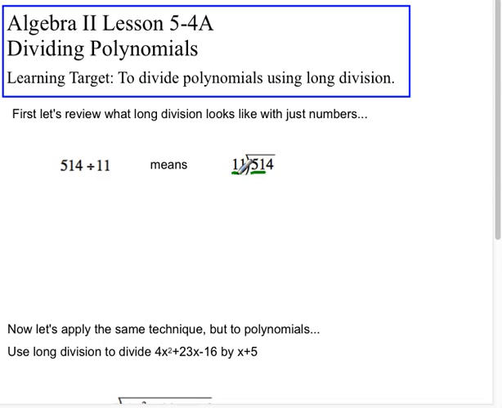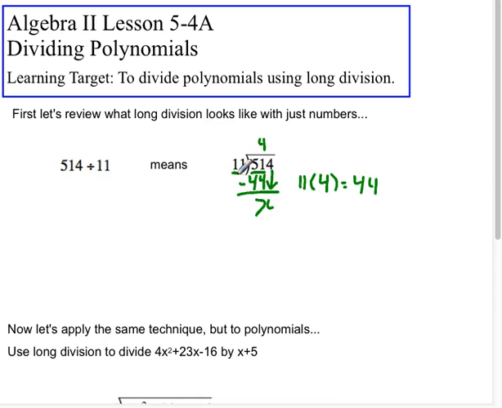The goal is always to get as close as you can without going over. In this case, 11 can go in 4 times to get 44. So I put 4 up top because that's how close I can get. Then I subtract off how close I got. So 51 minus 44 gives me 7.